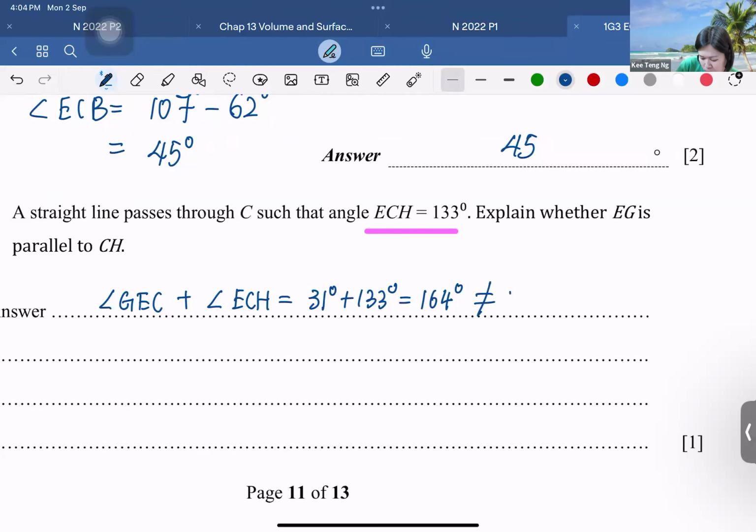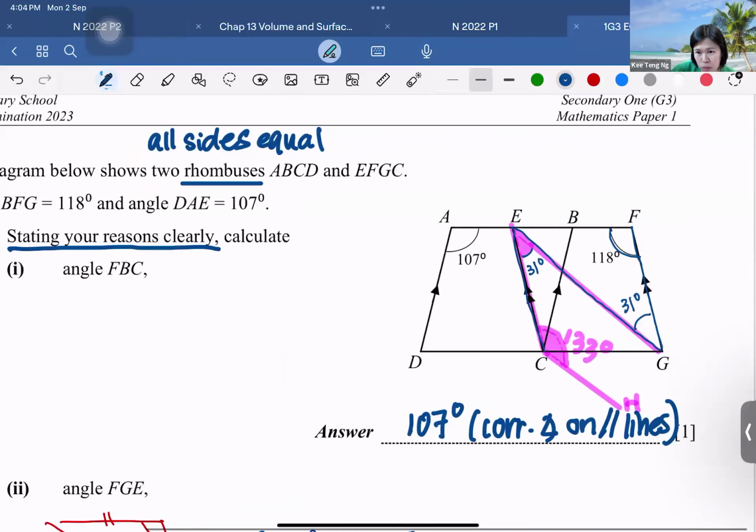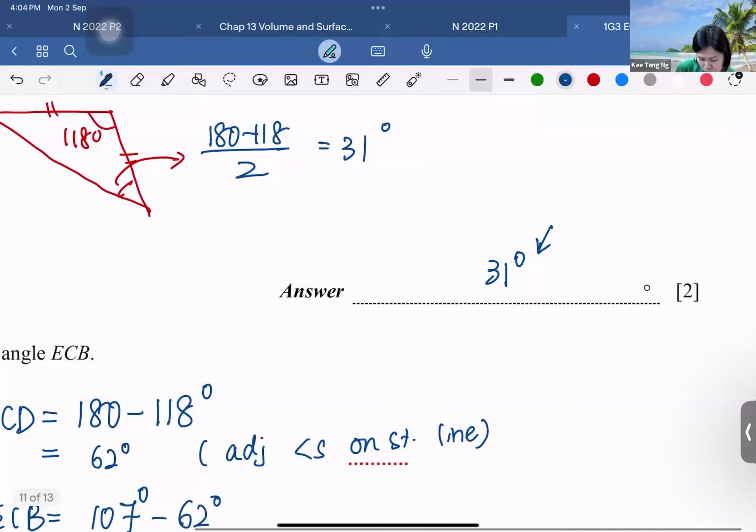Not equal to 180. State the property name. By what? What is the name of the property? Anyone? I'm waiting for somebody to type and tell me the answer. By what angle property? The two of them, these two angles, what angle property is that?